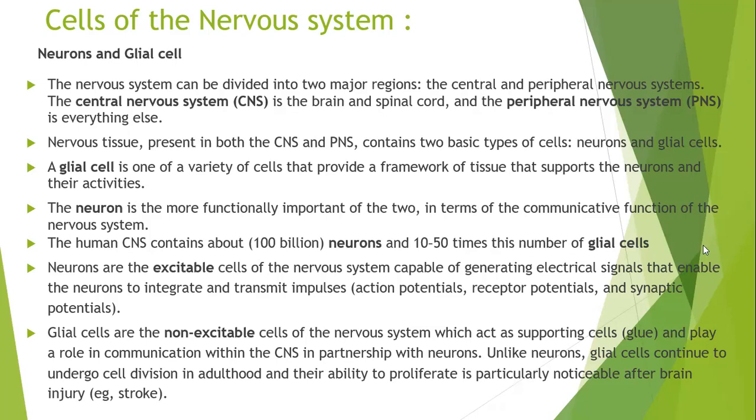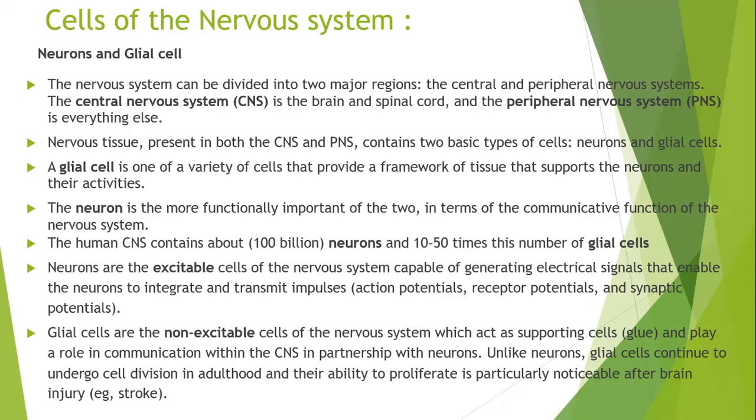So if you look at those two types of cells, both the glial and the neurons, you find that you have multitudes of these cells in your body. If you look at just the CNS alone, we are talking of about 100 billion of the neurons, the conducting cells. Now, if you take 100 billion, just multiply that by about 50 times, and now you get the number of glial cells.